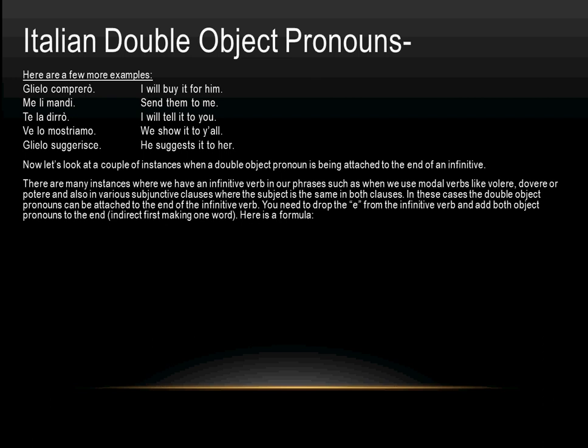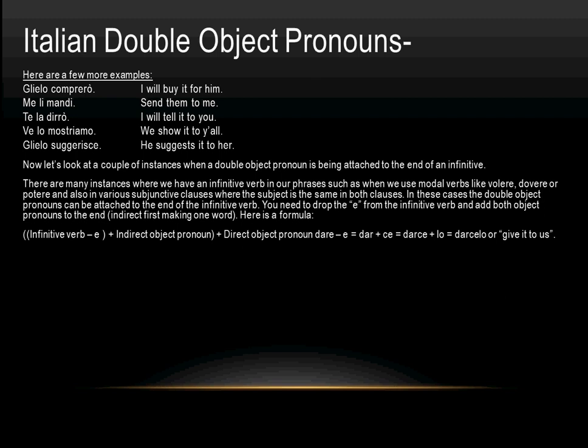So what I mean by that is, let's look at the formula. The infinitive verb minus E, plus the indirect object pronoun plus the direct object pronoun. So our example is dare minus E equals dar, plus ce equals darce, plus lo equals darcelo, or give it to us, because dare is to give, minus the E, dar, still to give.